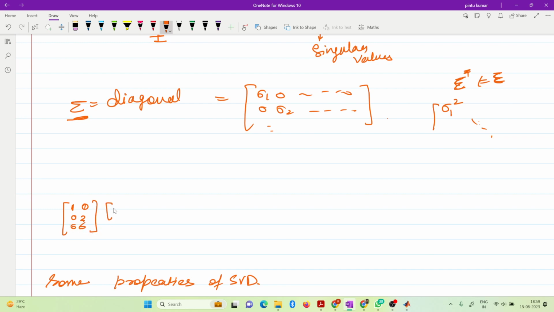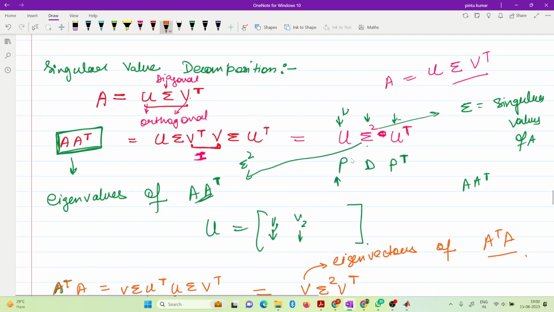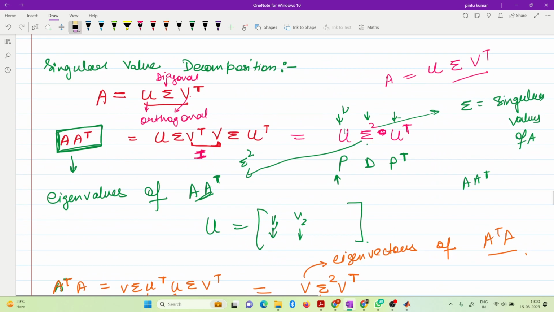Now if I multiply it with its transpose, what you would obtain is 1 square, then 0, 0, and 2 square, 0, 0, 0, 0. So sigma square is a diagonal matrix, but I should have written it as sigma sigma transpose.